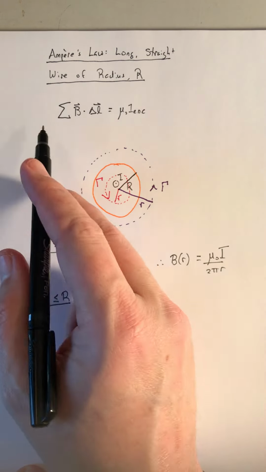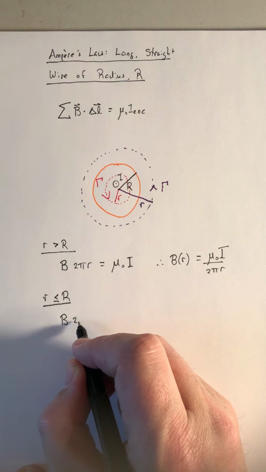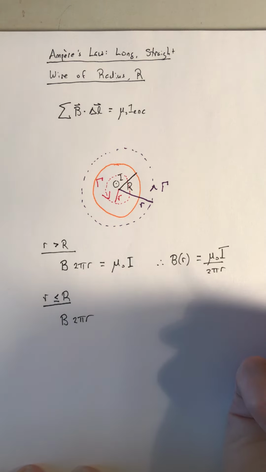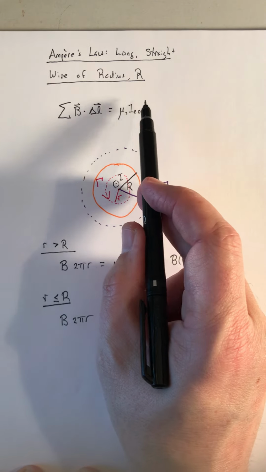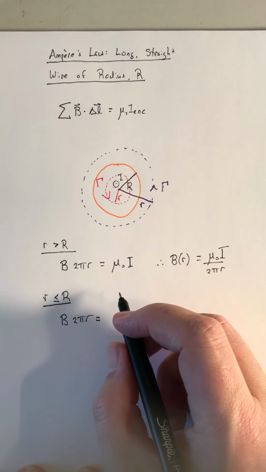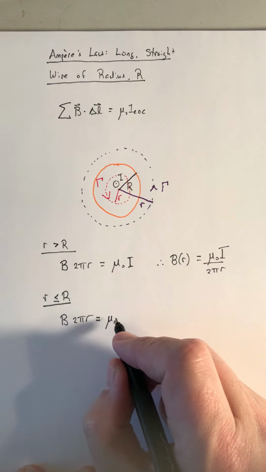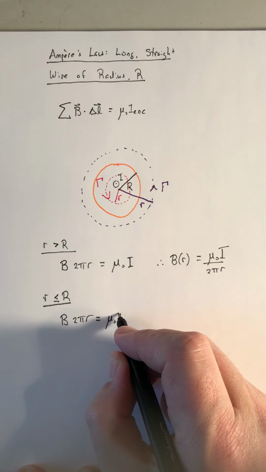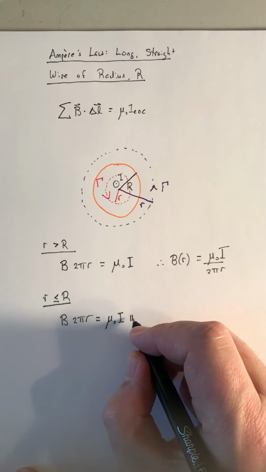So the left-hand side of Ampere's law is still nice and simple, just going to be B times the circumference of the loop. But on the right-hand side, I don't enclose all of the current. So if that current is uniform, I need to account for how much is inside my loop gamma. Well, it's going to be the ratio of the areas.